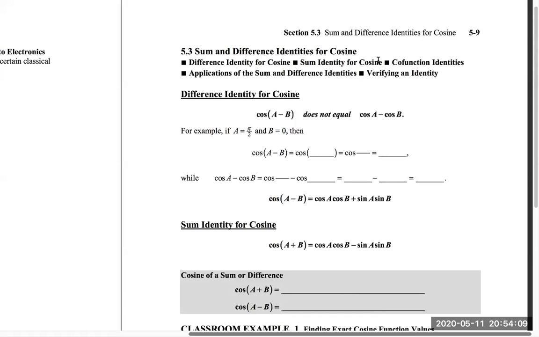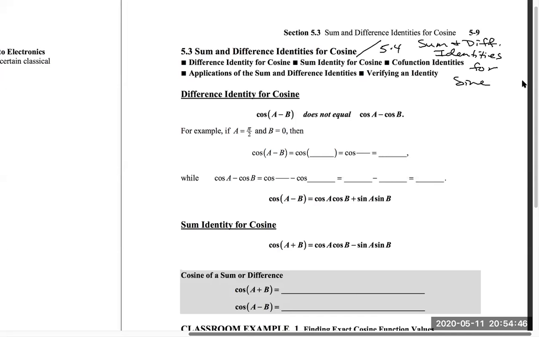All right, you guys, so we're going to learn about some new formulas in 5.3 through 5.6. For 5.3, we're first going to start with the sum and difference identities for cosine. I'm actually going to teach you a song for this and 5.4 that might help you. 5.4 is sum and difference identities for sine.